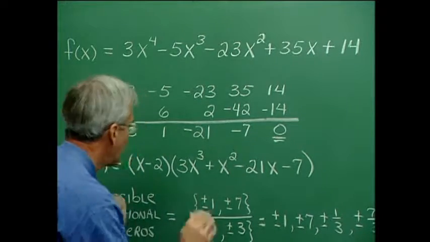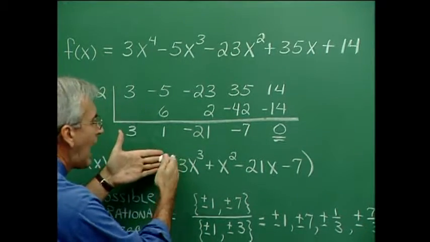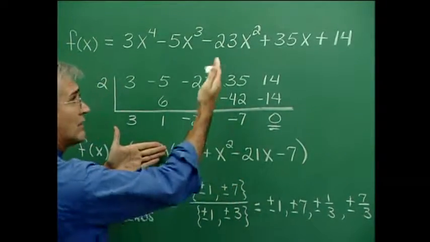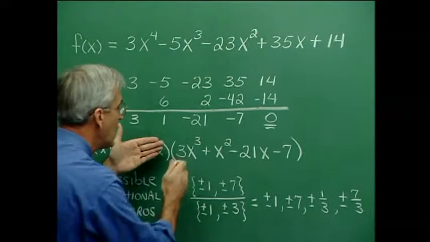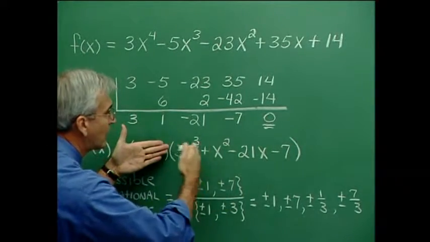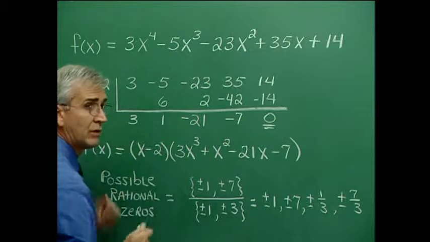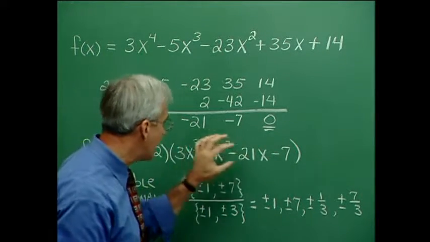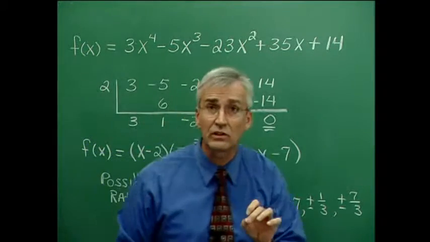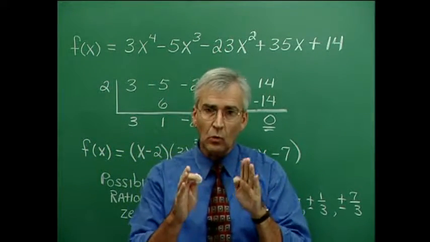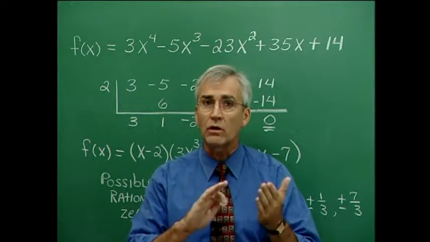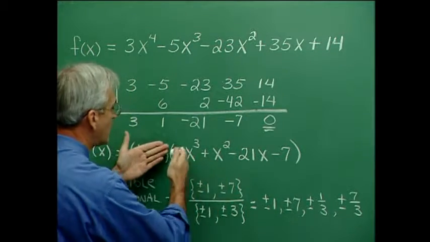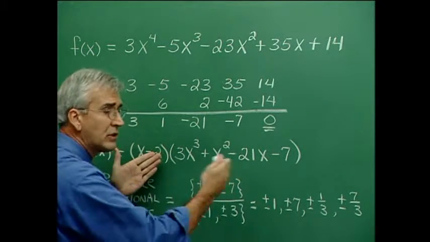And I can actually look at trying to identify the zeros of this factor rather than the zeros of the original function. The reason I can do that is that any zeros of this factor will also be a zero of the original function. Now the one thing that you have to be cautious about in investigating a factor within a function is that when you identify an ordered pair, like if we said, okay, let's see if 3 is a 0 of this, and it doesn't turn out to be a 0.